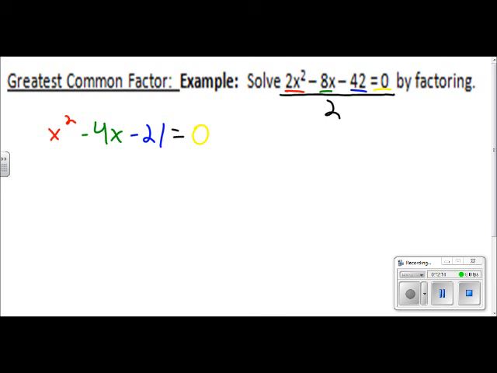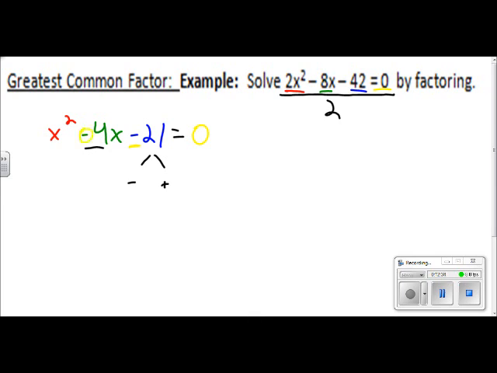Now that we've factored a greatest common factor of 2 out, we can begin to factor these. In which case we're looking for the factors of negative 21 that add up to negative 4. Because the product is negative, one's going to be negative and the other's going to be positive.